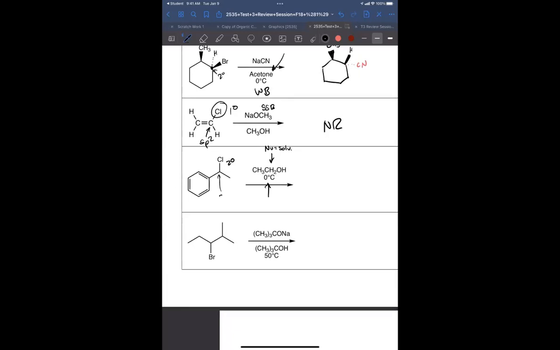However, even though this is secondary, it's also benzylic. If this is an SN1 or E1, there's a carbocation intermediate right there, but that carbocation is stabilized by all the resonance structures provided by any allylic or benzylic structure. So it's stabilized, so it can work. And if it's at low temperatures, is that SN1 or E1?